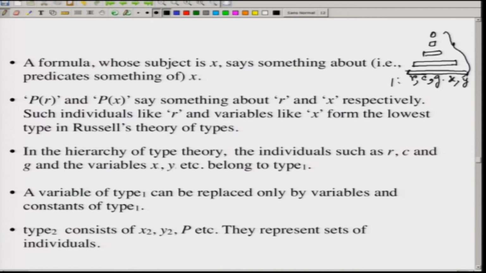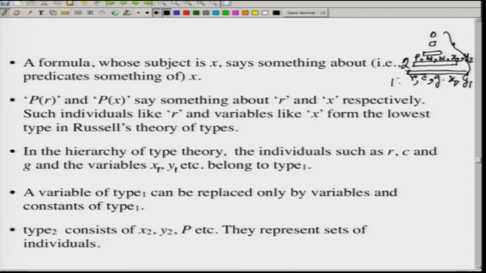Type 2 consists of x2, y2, P, etc. So, then at this level, here you have x1, y1, at this level you have, we add 1, that is better for us. At this level you have P, that is philosopher, M, man, W, woman, and x2, y2.